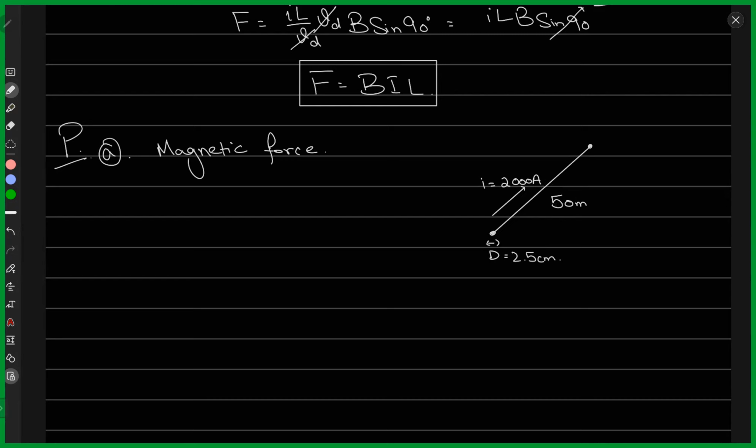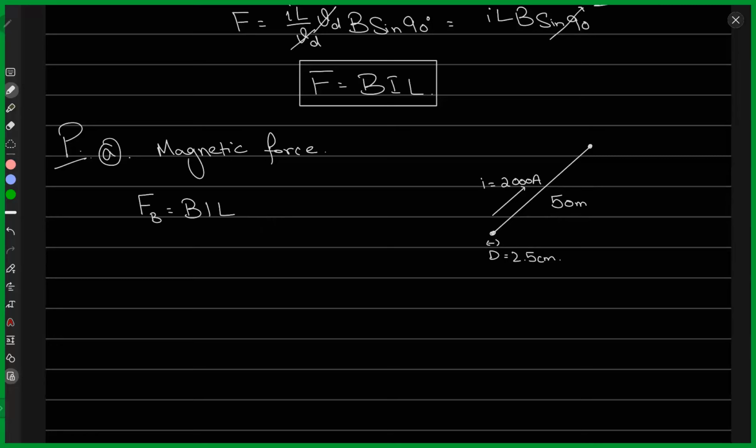We know that the magnetic force FB is BIL. You can also include the sine component and say sine 90, but that reduces back to BIL.